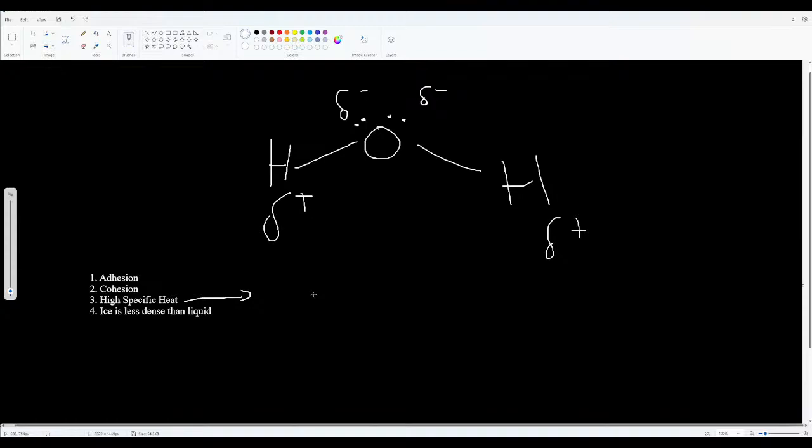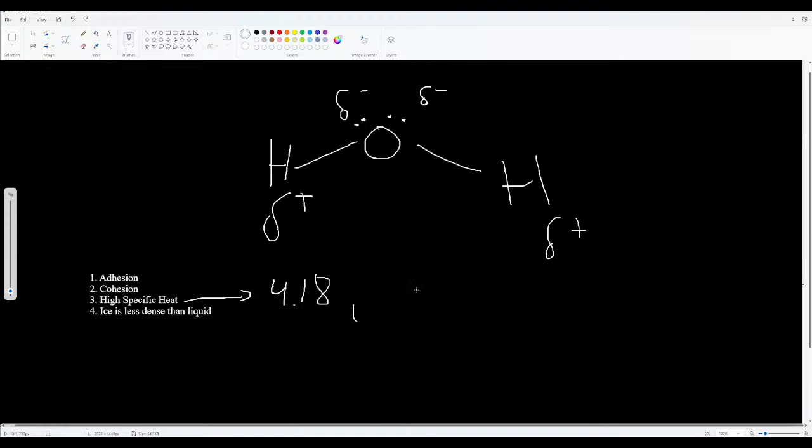More specifically, specific heat is the measure of how much energy it takes for something to heat up, right? So water has a specific heat of around 4.8, and I forget the units. It's like joules per gram cubed. I don't even know. But water has a very, very high specific heat.